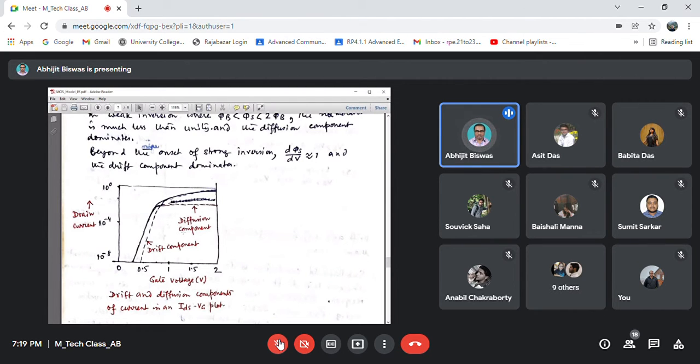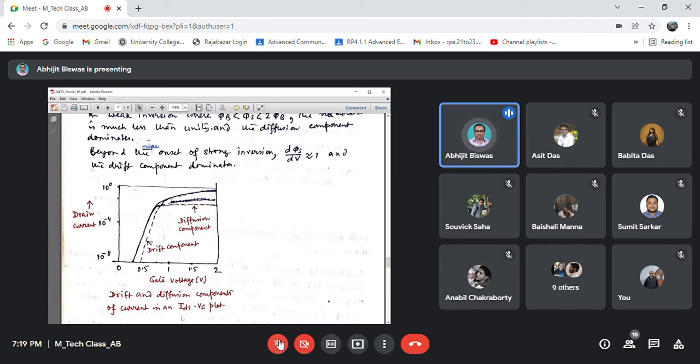But in the subthreshold region, you cannot separate out the diffusion component of current from the total. Whereas in the strong inversion region, you cannot separate the drift component from the total current, because the drift component contributes the major portion of the total current.